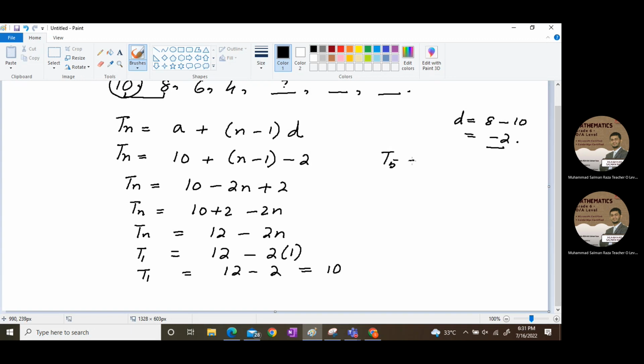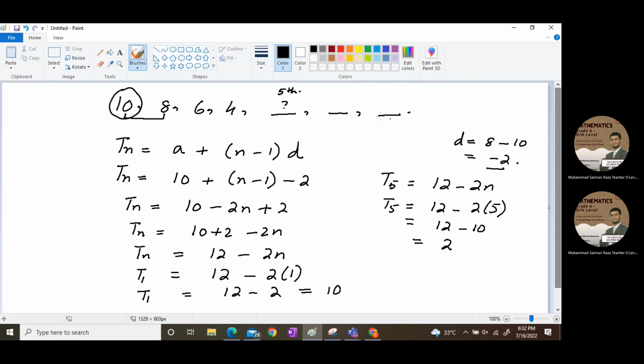So T of 5 is equal to, the formula is 12 minus 2n, so T of 5 is equal to 12 minus 2 of 5. It's going to become 12 minus 10, and it's 2. It means our next number over here is 2. So you can see that the formula is working perfectly.